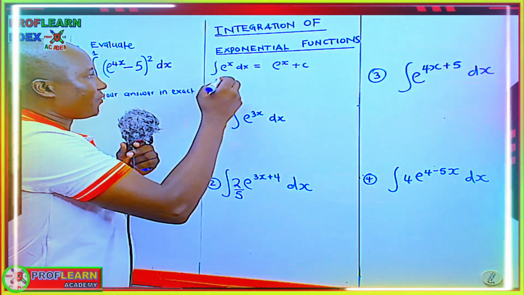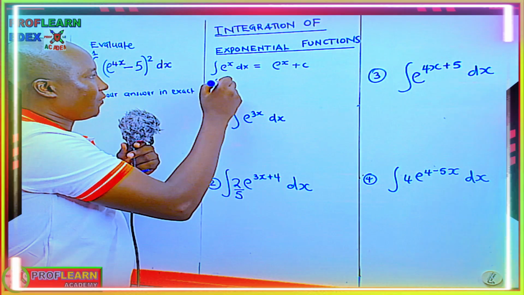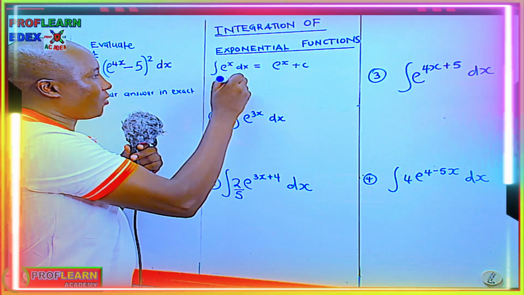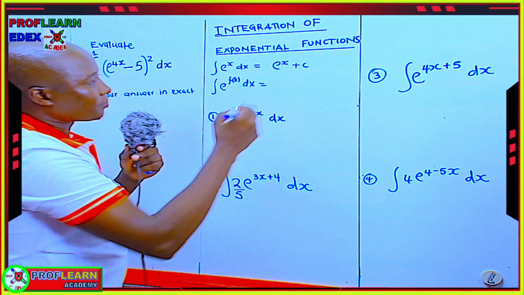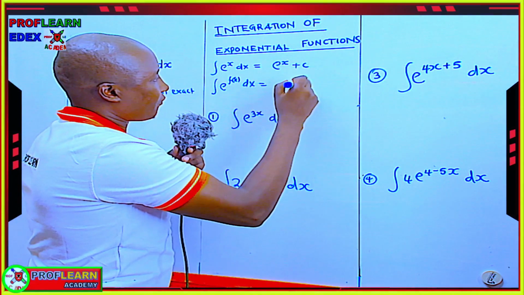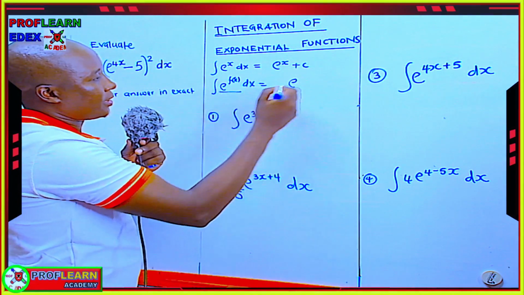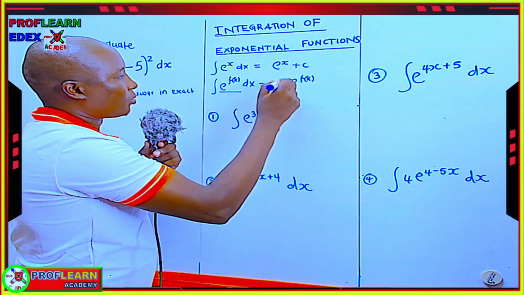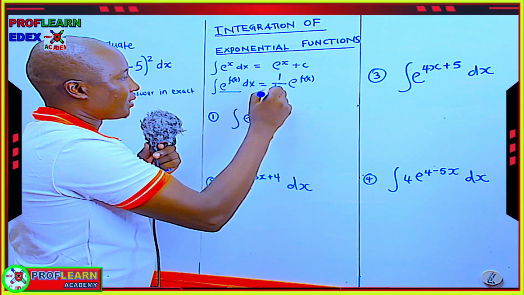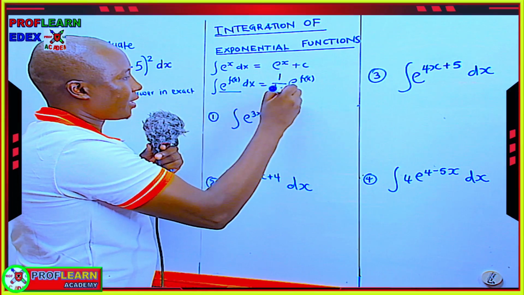But if you are having integral of a to the f of x with respect to x, it means that we are going to write the function, the way it is here, f of x there, but we shall say 1 over d of dx of f of x.